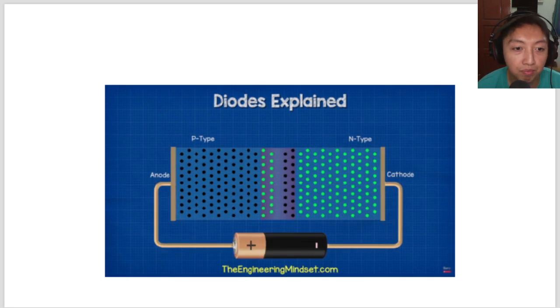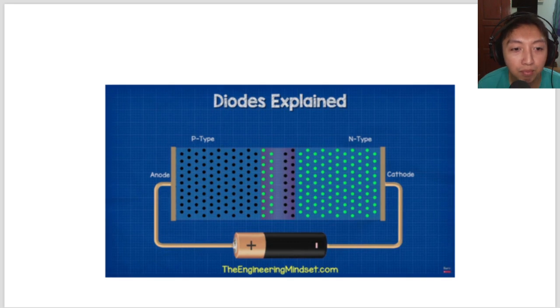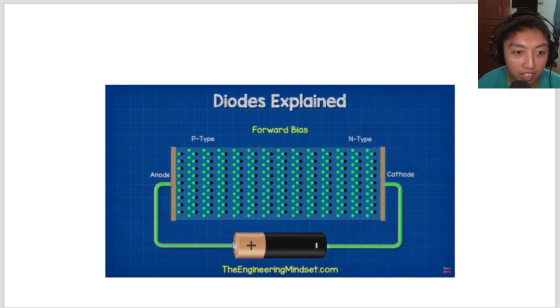Now that you've added a battery, your voltage is higher than 0.7, so the electrons can continue to move over to the P-type, and continue to flow and flow and flow. Basically, this depletion zone disappears and does not exist anymore.